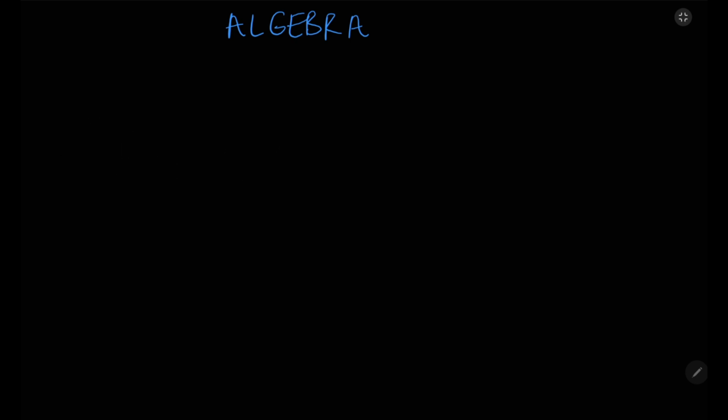The lesson that I'll teach you guys in this lesson is different kinds of polynomials. Number one, we have monomials. Monomials have one term. For example, you might have, let's say, 8x to the power 2.